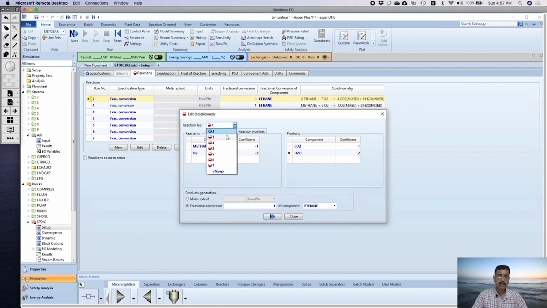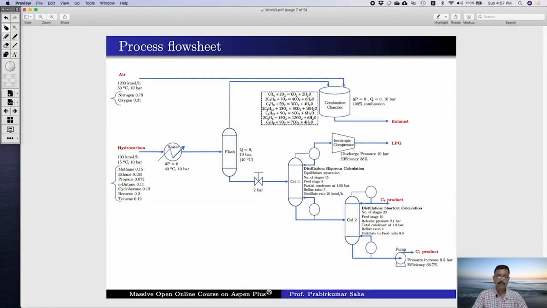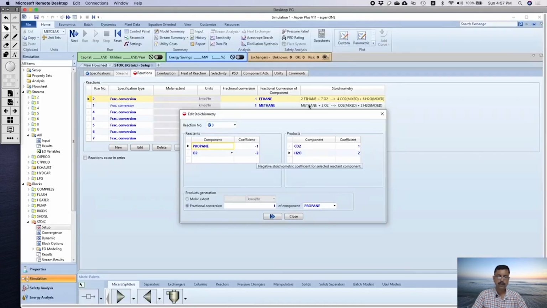Reaction 1 is methane. Reaction 3, propane. So propane, it will have 1, 5, 3, 4. So 1, 5, 3 and 4.